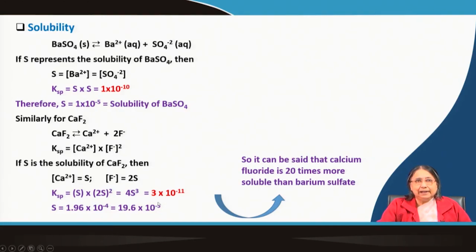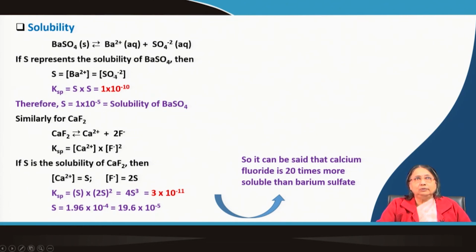If we solve this, we will get that the solubility of calcium fluoride is almost 20 into 10 to the power minus 5, but here the solubility is 10 to the power minus 5. So, here it is 20 times higher than this one.